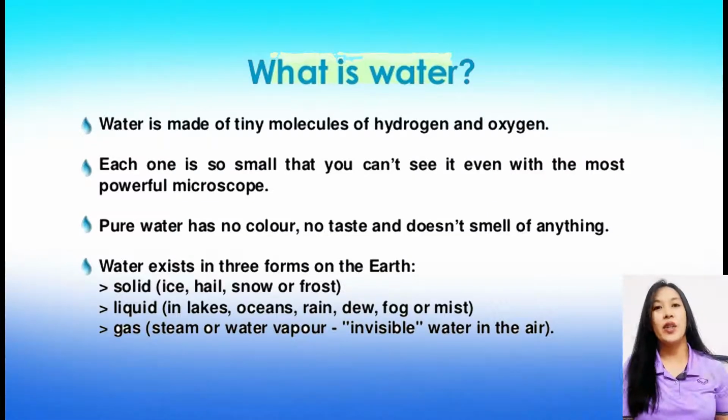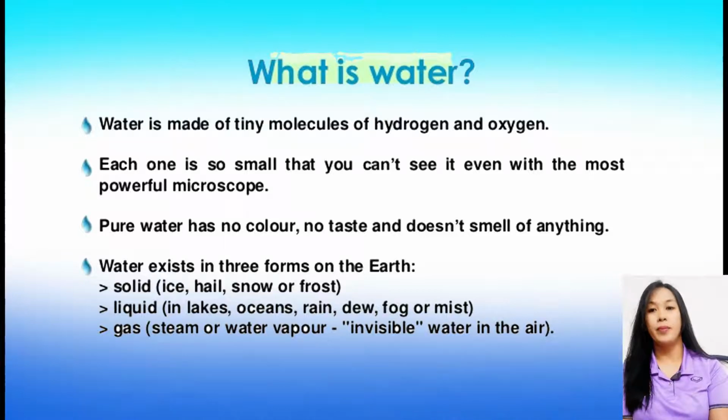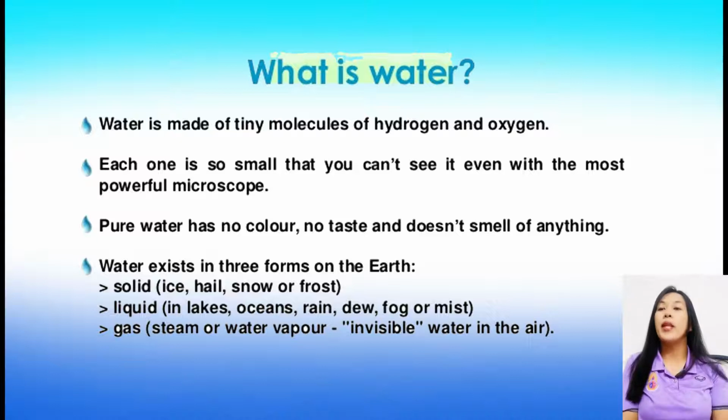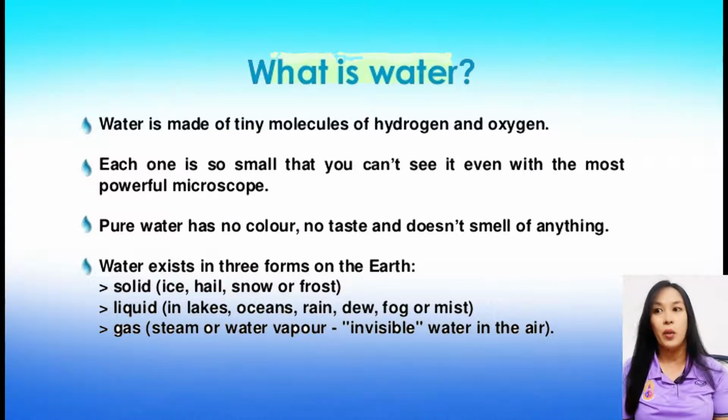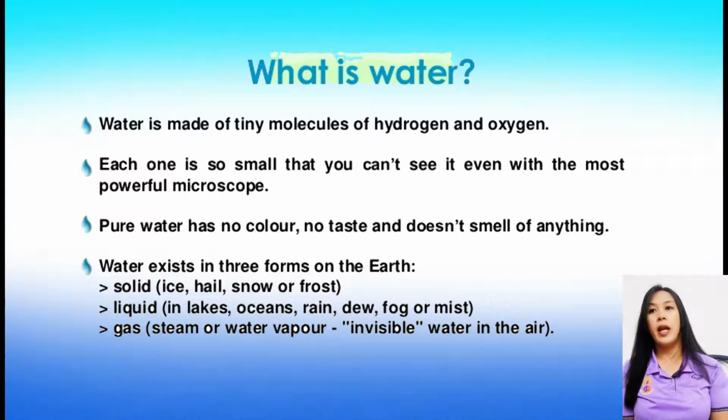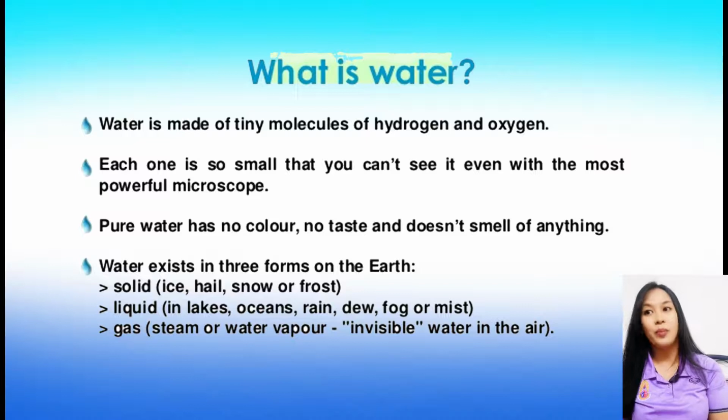First, let us answer the question, what is water? Water is made up of tiny molecules of hydrogen and oxygen. Each one is so small that you cannot see it even with the most powerful microscope. Pure water has no color, no taste, and it doesn't smell of anything.